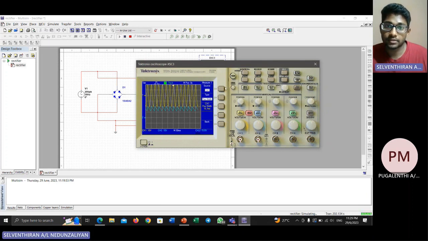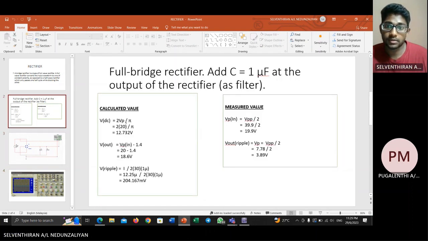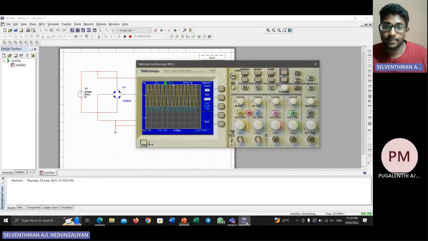And for channel 2, the peak to peak value we get is 7.78 volts, as we put in our Microsoft PowerPoint. The Vpp value is 7.78, and the measured Vpp we get is 13.9, as shown in Multisim.